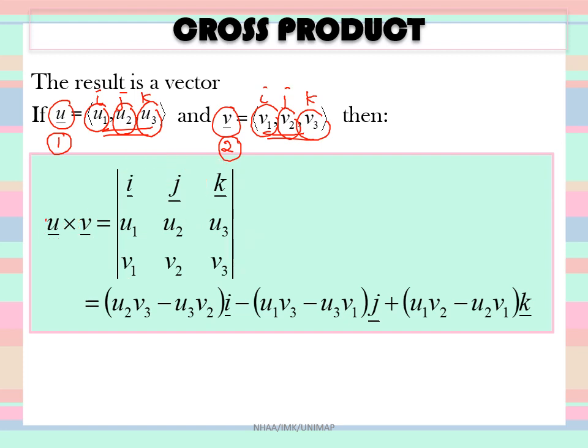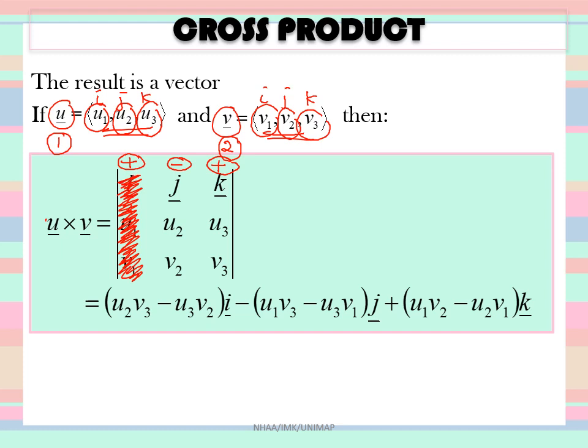Alright, now let us look at how to perform the cross product. First thing that you should know is the I component is always positive. The J component, you will perform subtraction. For the K component, it goes back to positive. Okay, so positive, negative, positive. Alright, now we will calculate the component I. In order to find the component I, we assume that this component is gone.